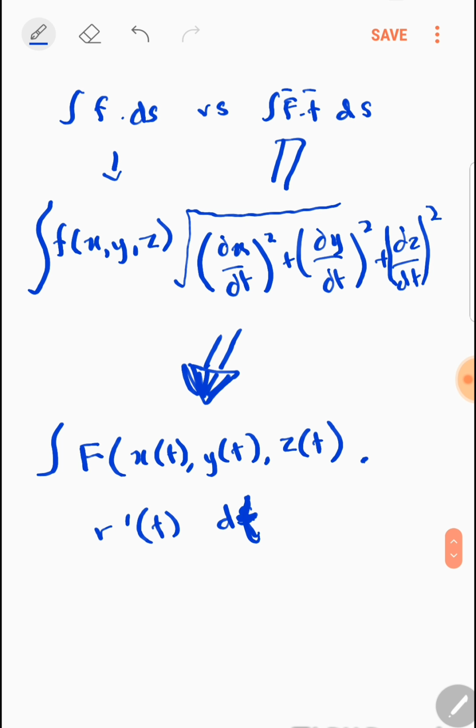So actually not much of a difference. It is exactly the same, only the parameterization happens and when you have your vector field, it's slightly different in that way. But no worry about this, since now you're clear.